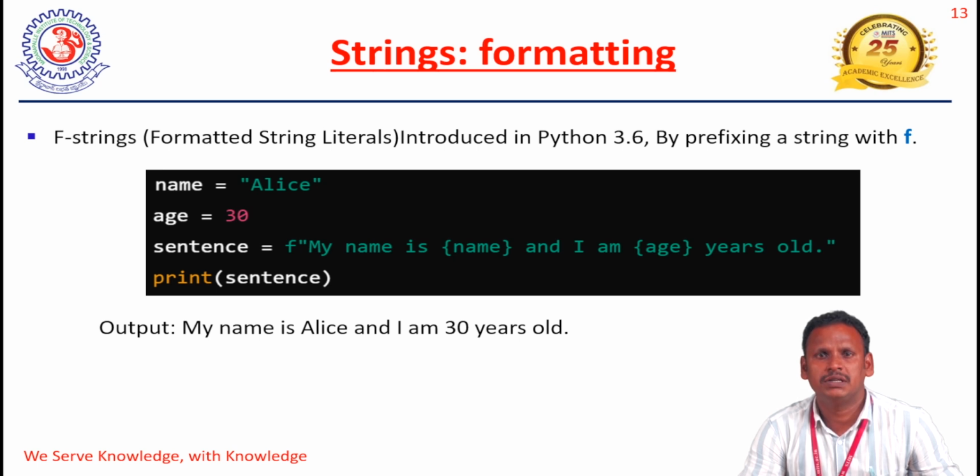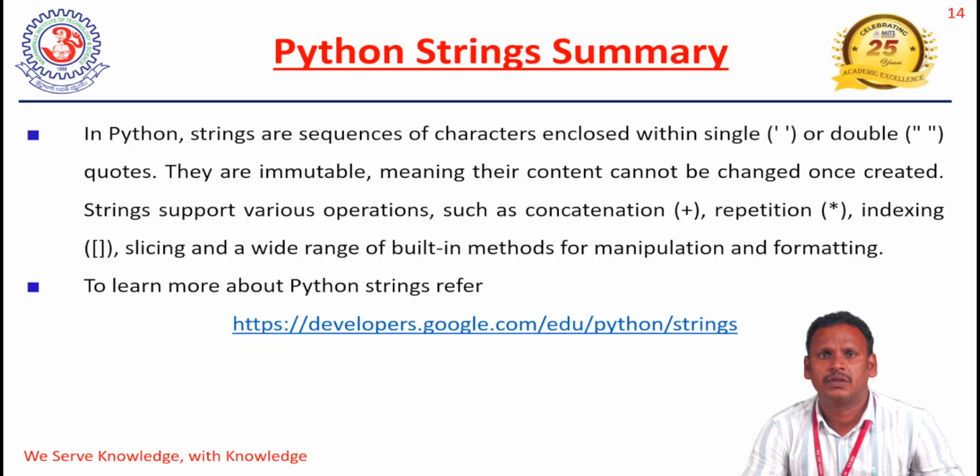So for the sentence, before the string I am using f, my name is, and within the placeholder I am mentioning the variable name, and I am, another placeholder, with one more variable, age, years old. It will finish the sentence like: my name is Alice and I am 30 years old. So this is another version of formatting. This is about string formatting.